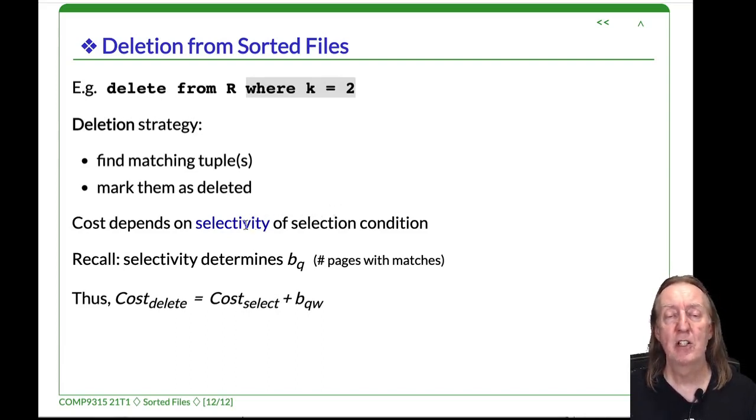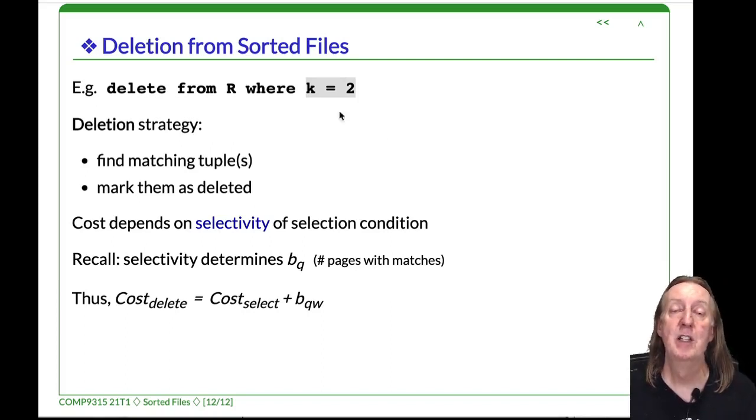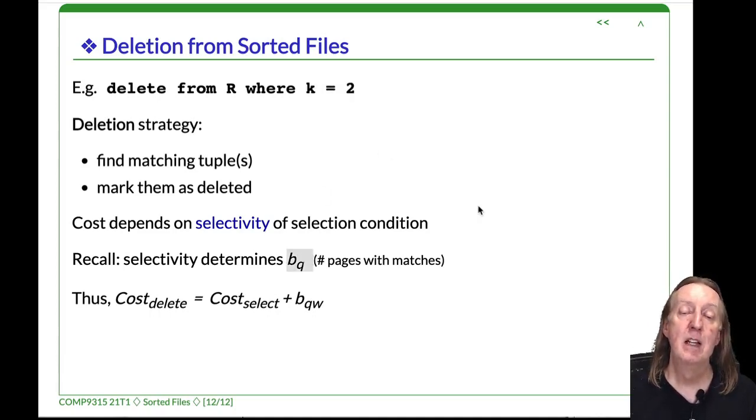How much it's going to cost, and pretty much this actually applied to the earlier selection examples as well, depends how frequently this value appears in the file. If it's a primary key, okay, it's only going to appear once, but if it's not a primary key, there may be multiple pages that contain matching tuples, so we're going to have to delete them all.